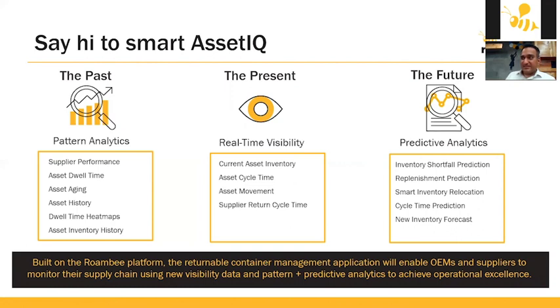The second they're asking for is the dwell time, which is obviously, if you're from the supply chain space, very critical to you. The third thing is the aging of assets, the routing of assets, which is the asset history, and heat maps around the inventory and the routing and the aging parameters.